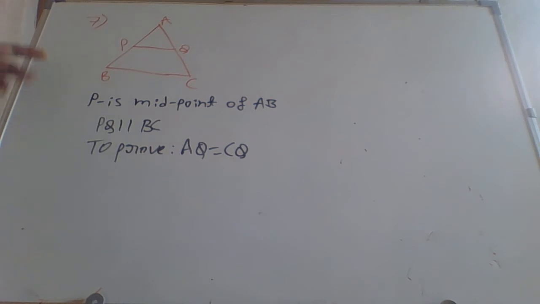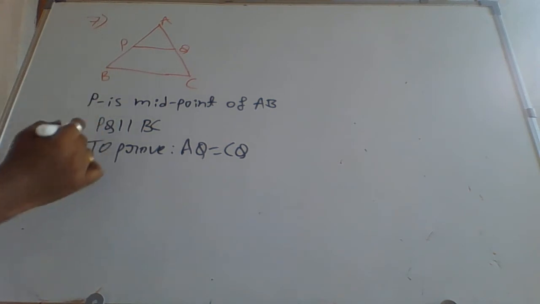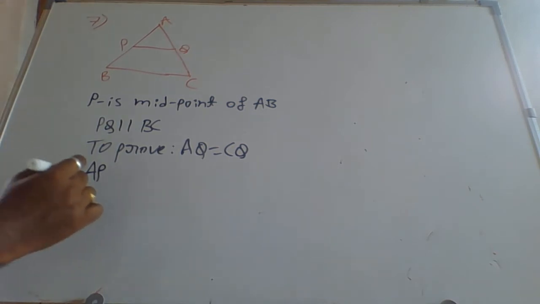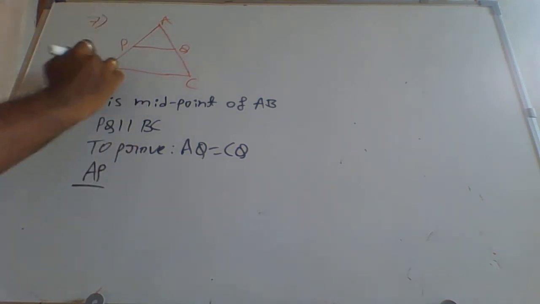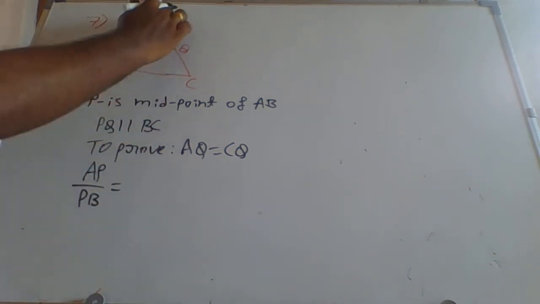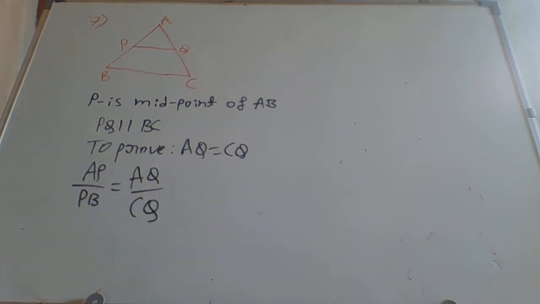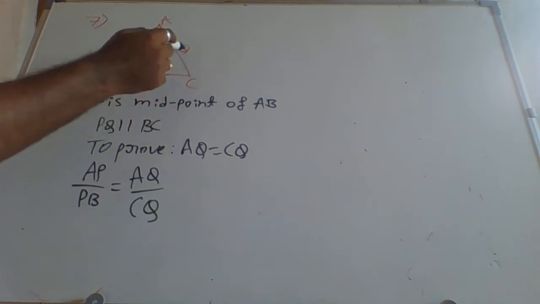According to this theorem, since PQ is parallel to BC, we can write AP by PB is equal to AQ by CQ, by the basic proportionality theorem.